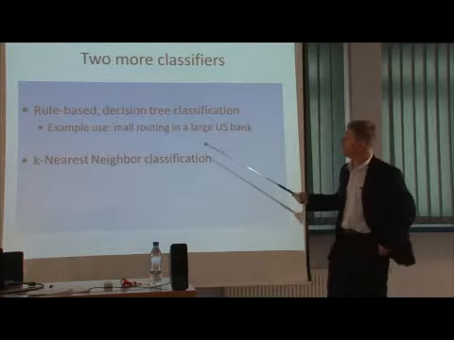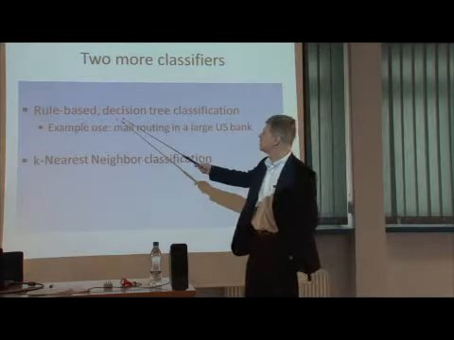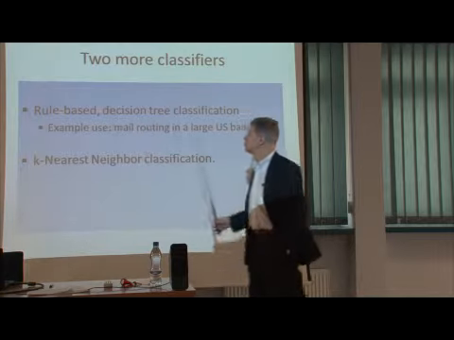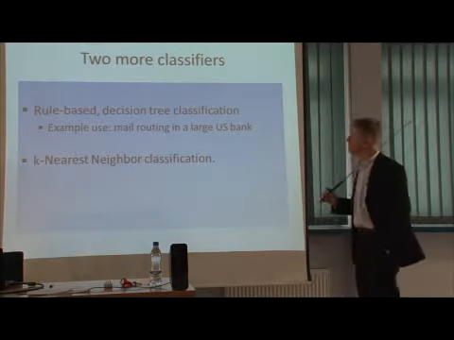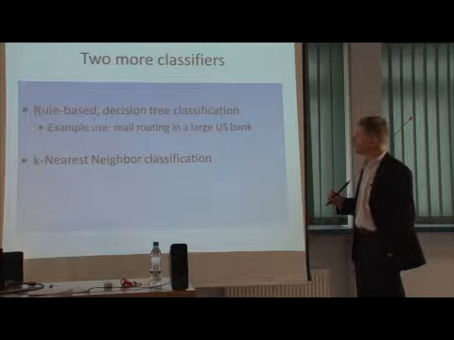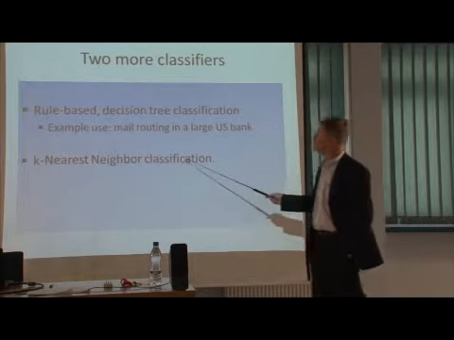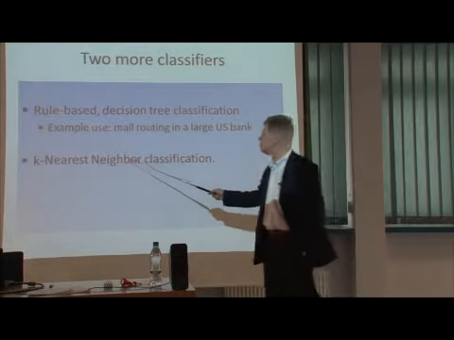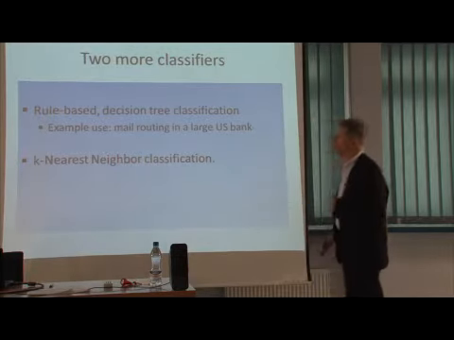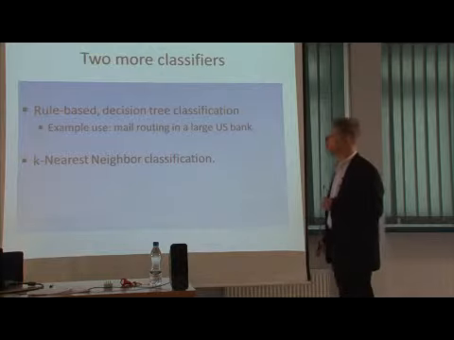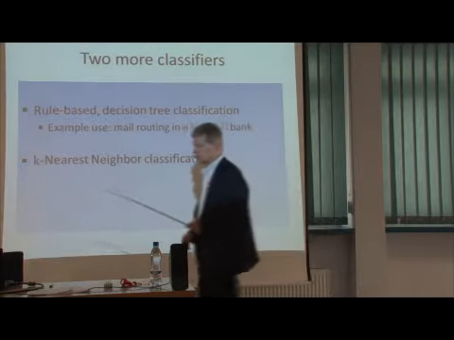As it happened, a decision tree classifier seemed to work better, or maybe that's what the bank wanted, and that's what got implemented. Another example that we're going to cover is nearest neighbor classification, and there are some neat applications of nearest neighbor classification that we're going to see in the video.